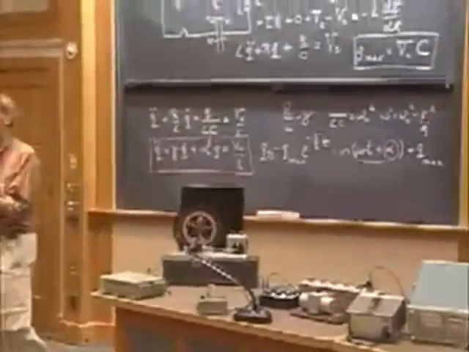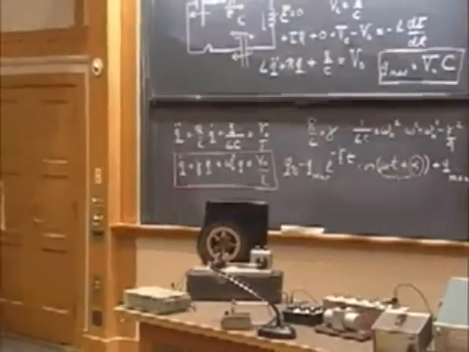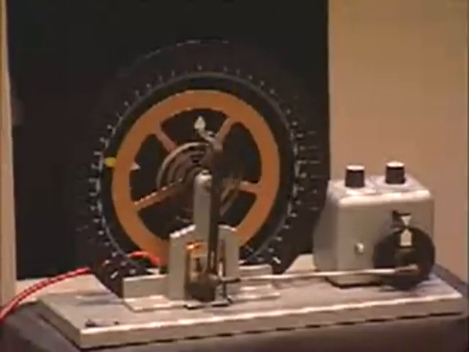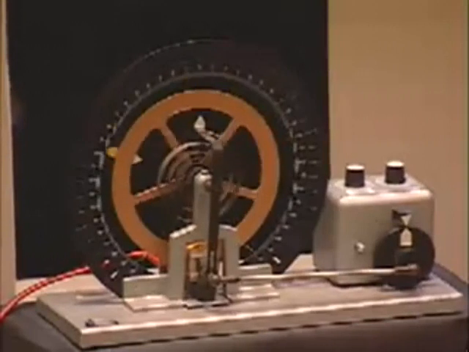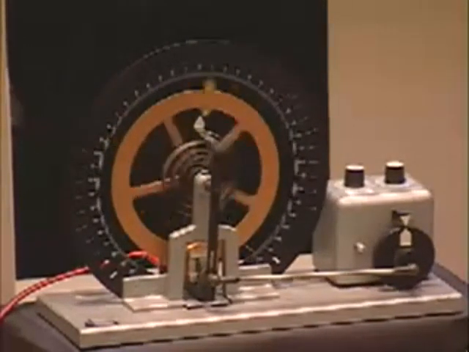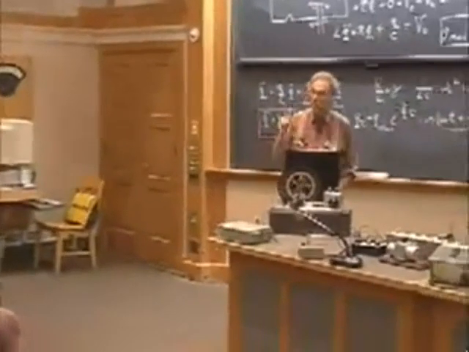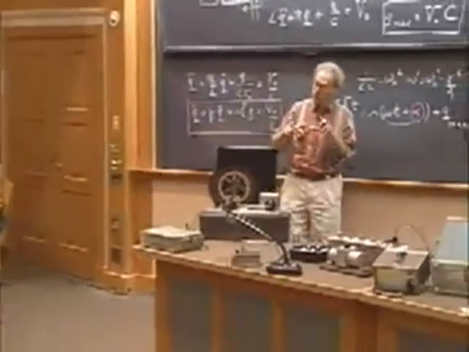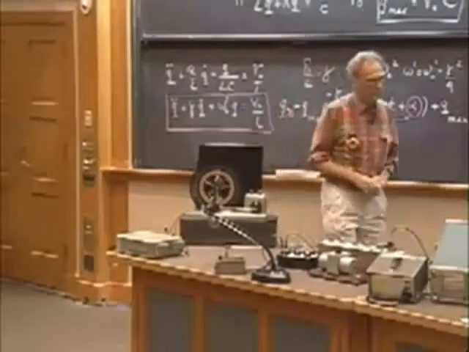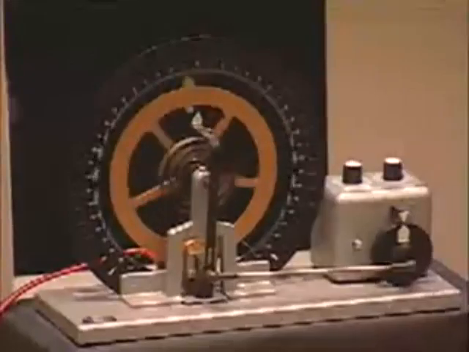You've seen that in 802. When you throw a coin through a very strong magnetic field, the coin slows down enormously. Instead of going clunk, the coin can go down this slowly. It's a very nice demonstration in 802. So using the eddy currents, we can introduce artificial damping. And that's what you're going to see.